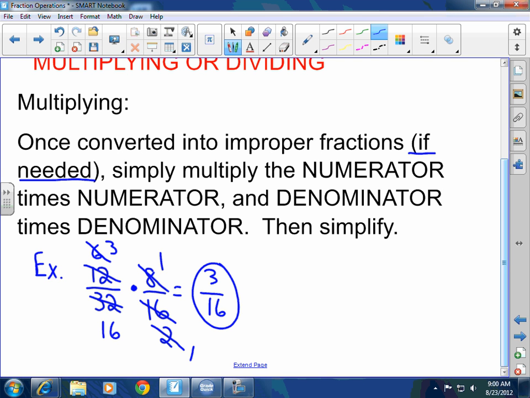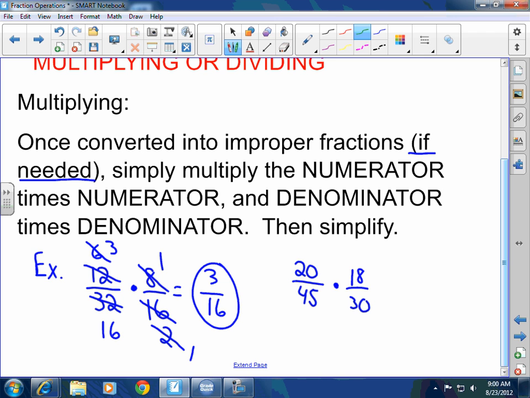Okay? So again, if I had, let's say, 20/45ths times 18/30ths, for example.